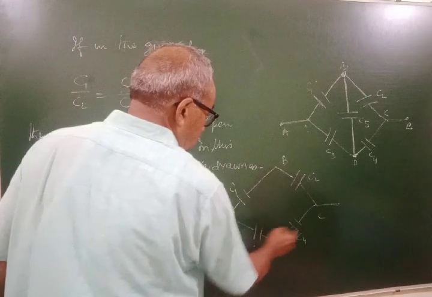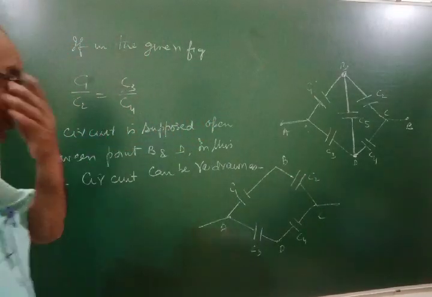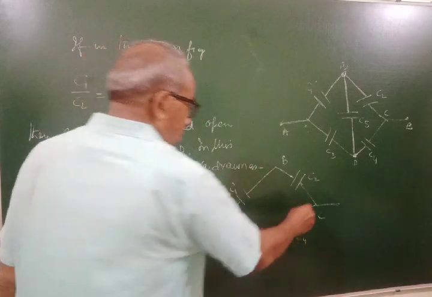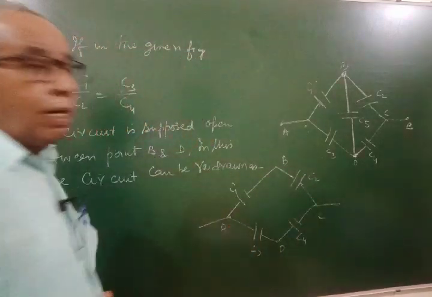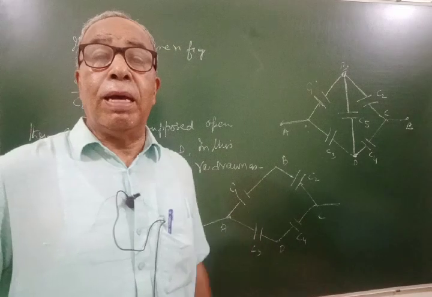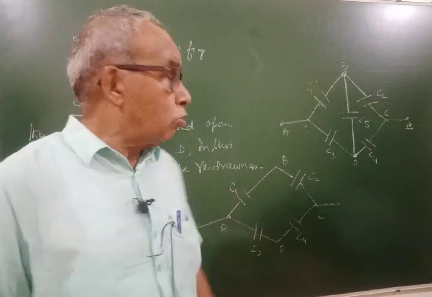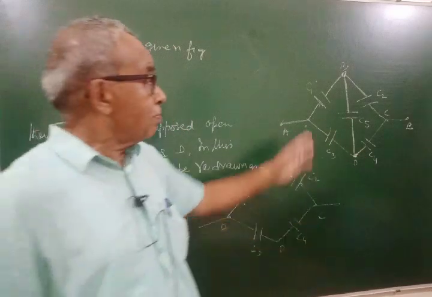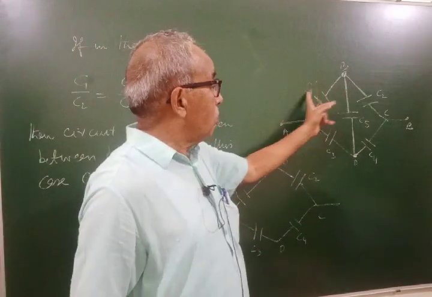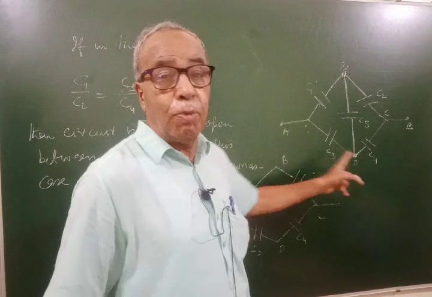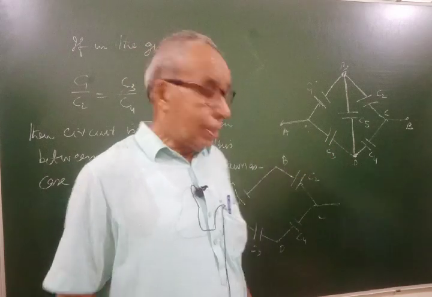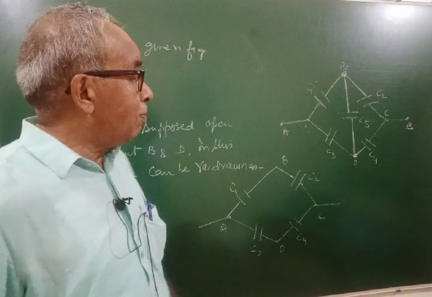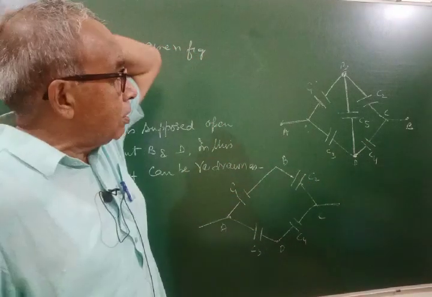C1, C2, C3, C4. To find the equivalent, these two are in series, these two are in series, and their equivalents are further in parallel. So you can solve such questions like this. If the ratio C1 upon C2 is equal to C3 upon C4, then the circuit is supposed to be open between point B and D. We will prove this in current electricity.